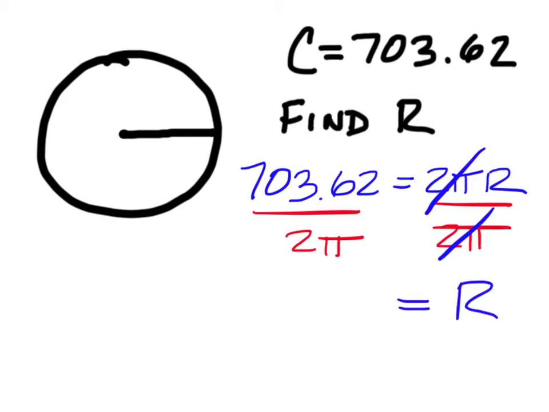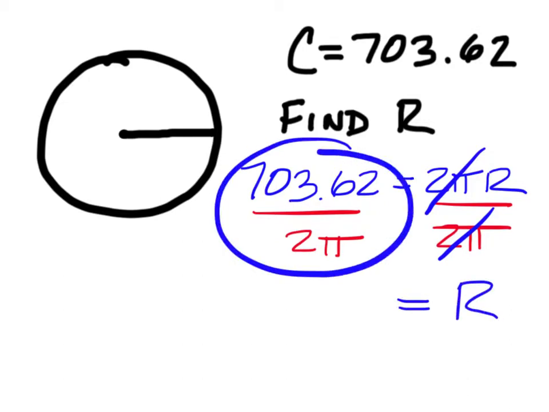And then over here you have to do this division. 703.62 divided by left-hand parenthesis, 2 pi, right-hand parenthesis, and you should come up with 111.9846, but we're rounding this to the tenths place, and it comes out to be 112 even.